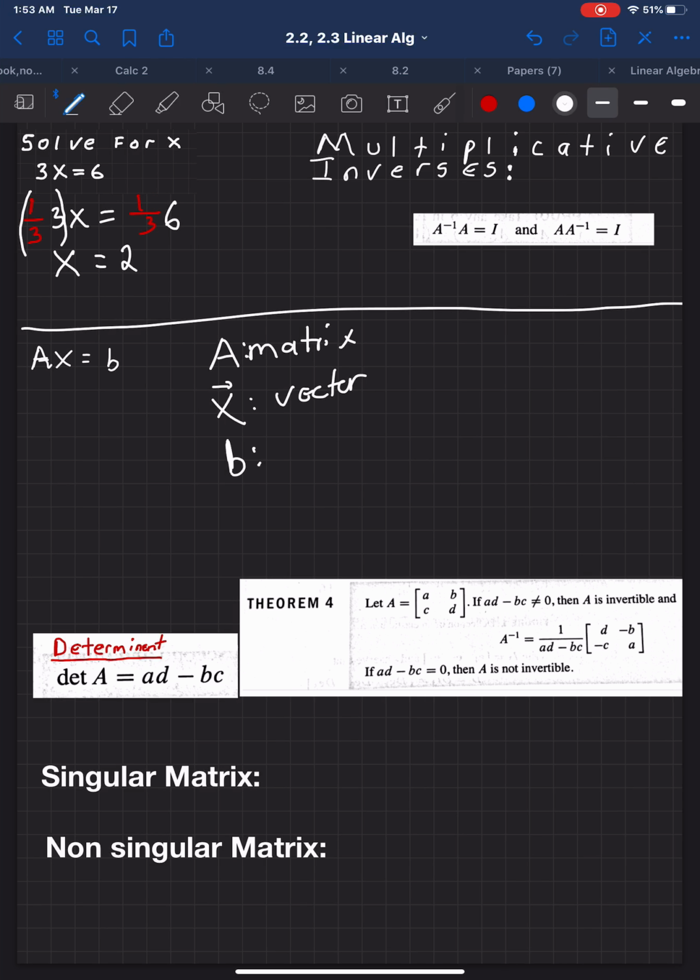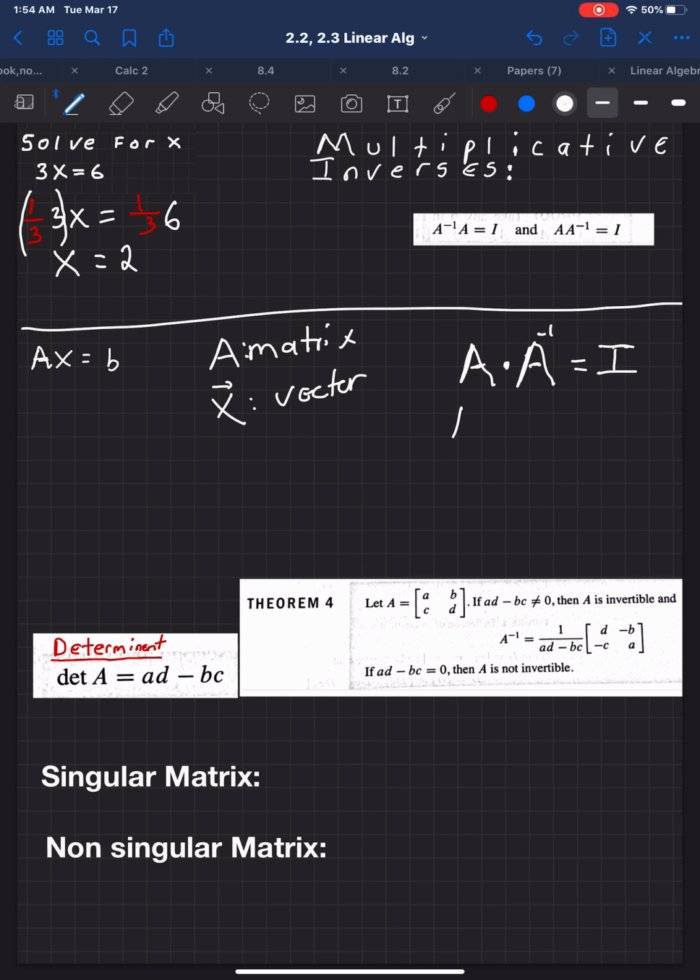All right. So if you want to solve for X in this case, given that there is a way of finding an inverse of matrix A, then since any number times its multiplicative inverse is 1, if there is such a thing as an inverse of matrix A, we're going to denote it like this, then it should make sense that A times A inverse gives us I, which we use to represent the identity matrix.